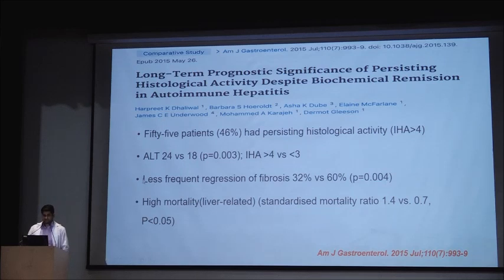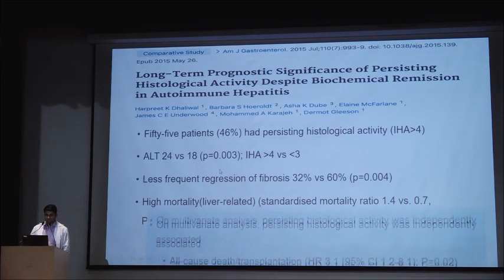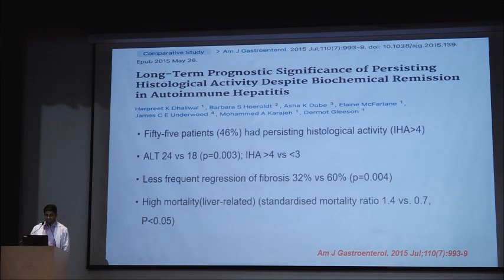So, what is the implication of liver biopsy when the patients are already in biochemical remission? This study, published in the American Journal of Gastroenterology, looked at patients who had persistently normal liver enzymes. Biopsy was done in these patients, and around 46% still had persisting histological activity.